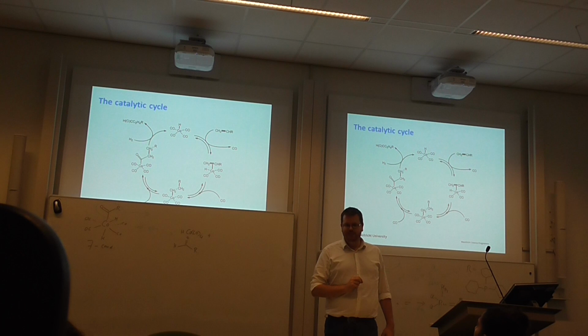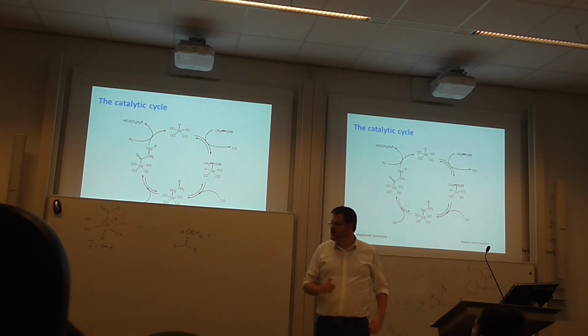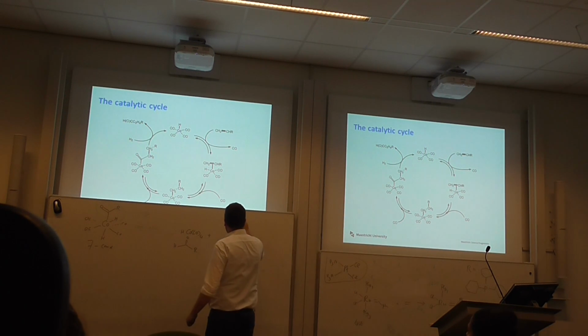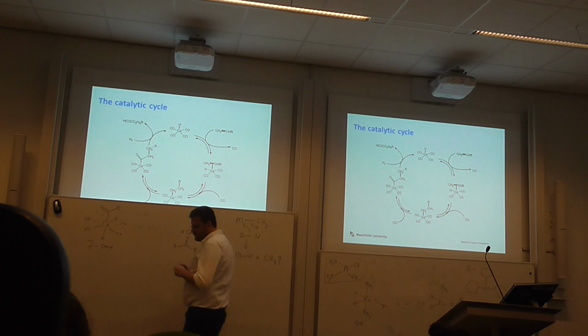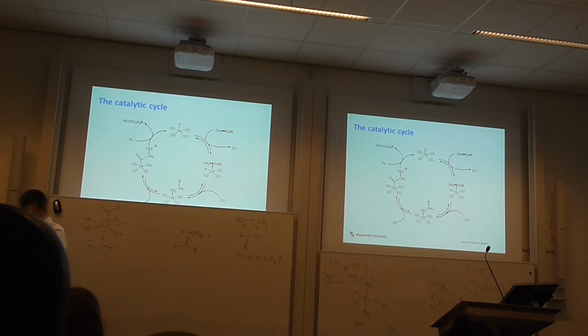Remember what sigma bond metathesis is? What is it? Sigma bond metathesis is something like this. And we said, more or less, that sigma bond metathesis is very common with early transition metals and lanthanide complexes.